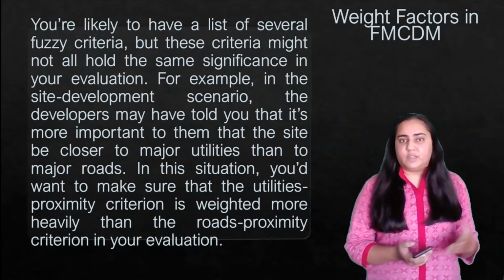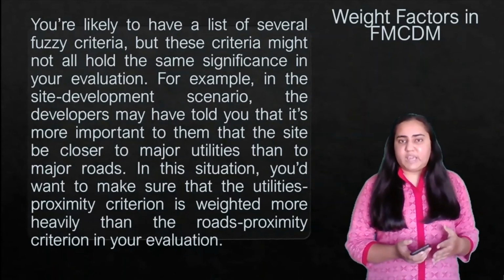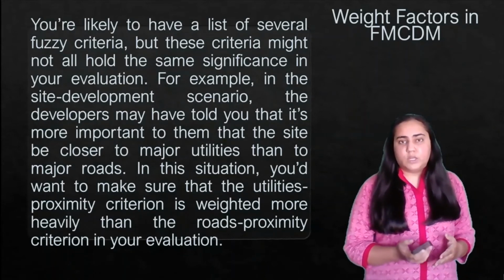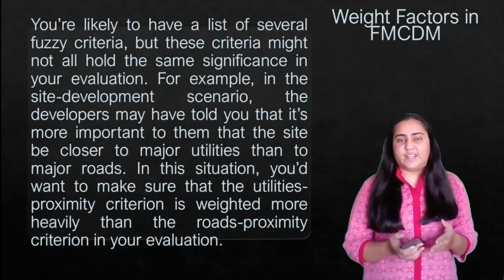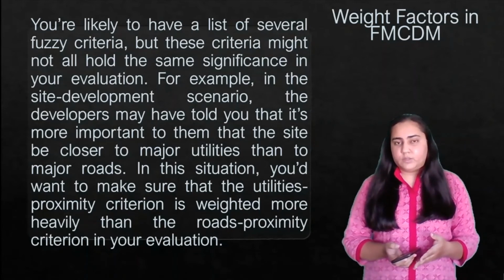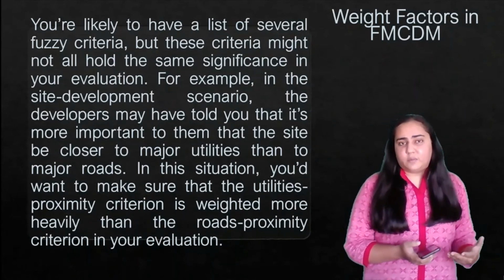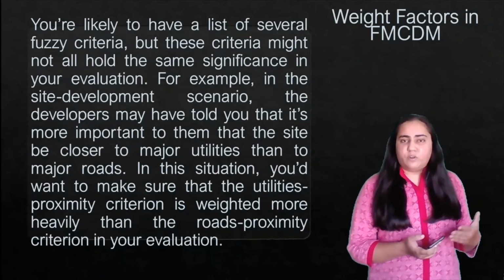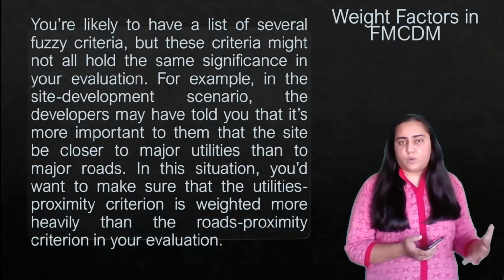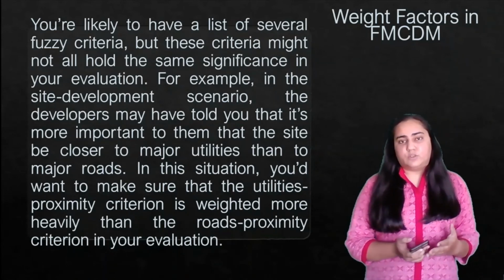For example, in a site development scenario, the developers may have told you that it's important that the site is closer to major utilities than to major roads. They care about both, but they care more about major utilities. For them, water and electricity are more important than being close to major roads.